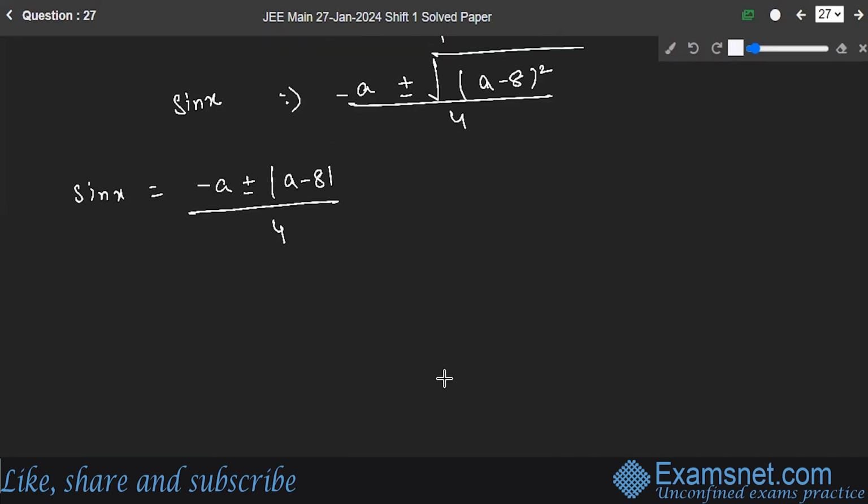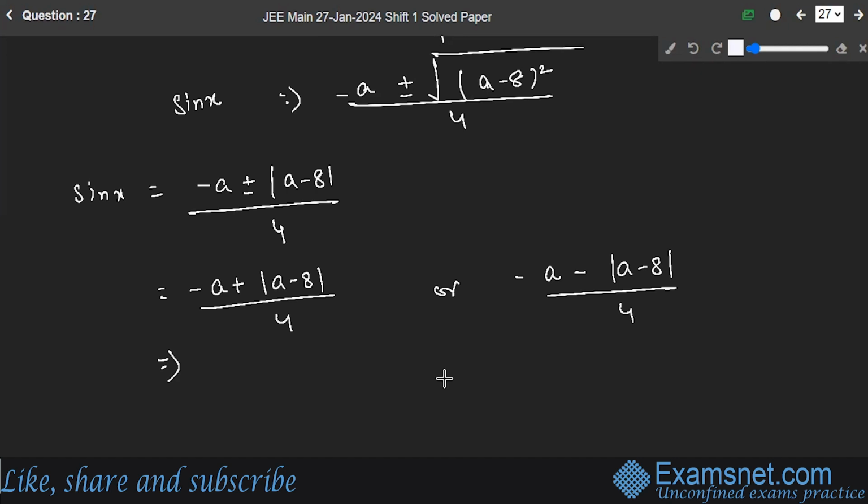It can be minus a plus mod a minus 8 upon 4 or minus a minus mod a minus 8 upon 4. Again, I'll be taking the negative and the positive values. This will be minus a plus 8 minus 8 upon 4, this is sine x, or minus a plus 8 upon 4.